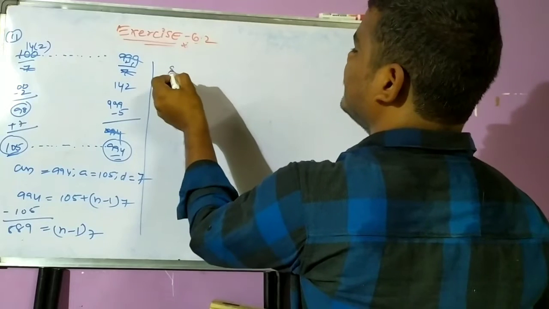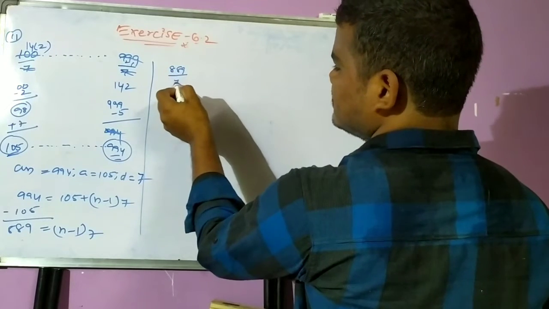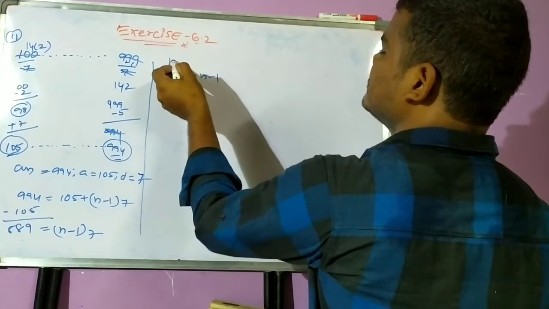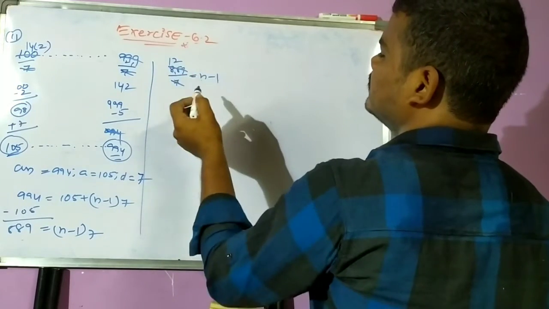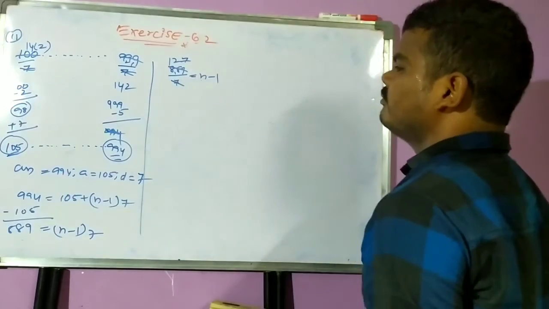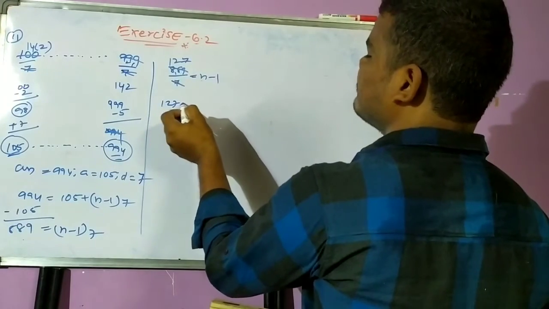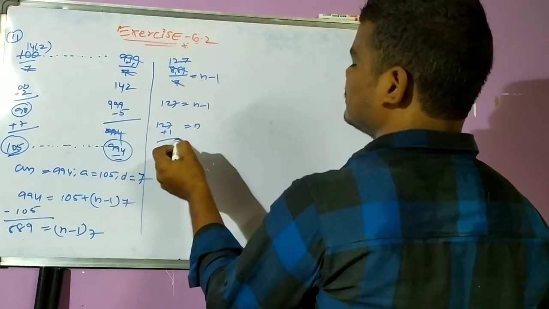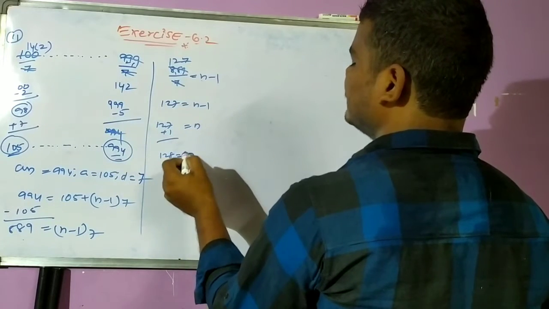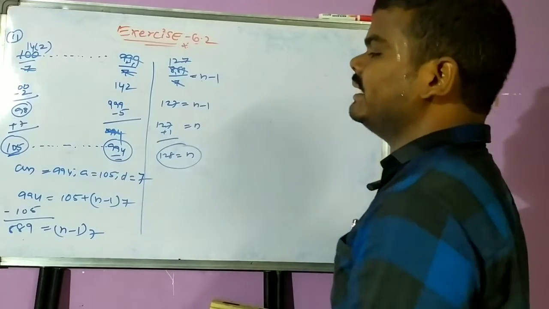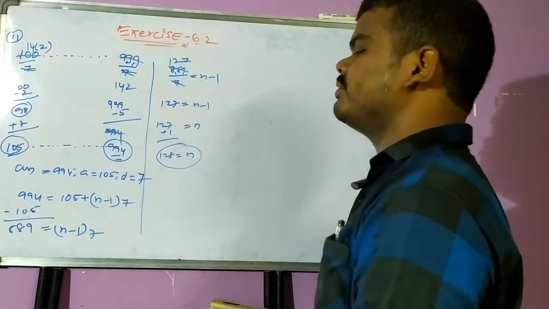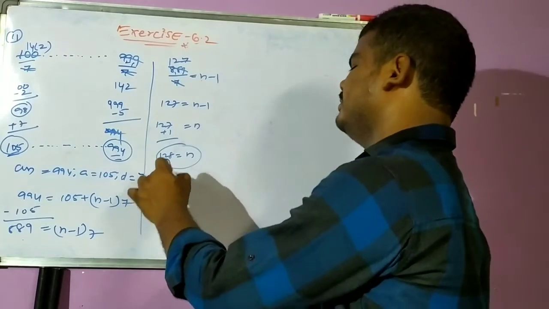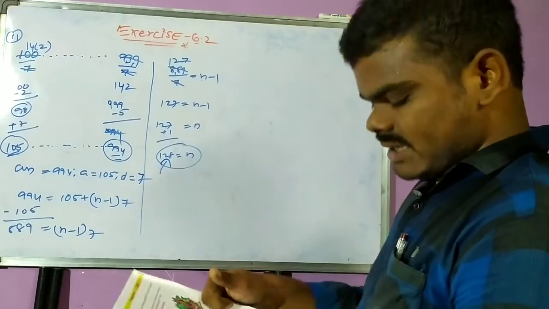Now, 889 by 7 is equal to n minus 1. 7 ones are 7, 7 twos are 14, 7 sevens are 49, so 127 is equal to n minus 1. n is equal to 127 plus 1, that is 128. There are 128 terms lying between 105 and 994, and these 128 terms are divisible by 7.